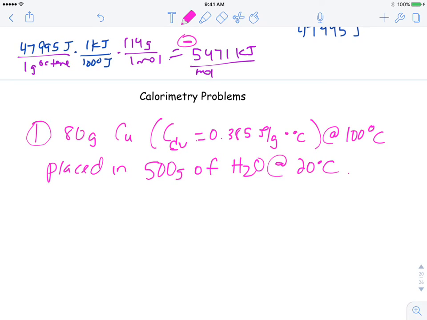And the question would be, what is the T final? So try this one. Most of you should remember how to do it, and we'll go over this one in class.